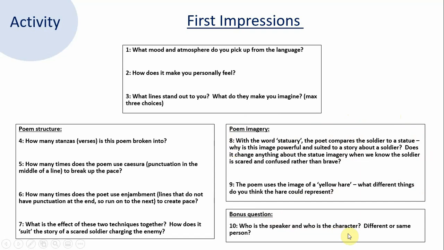Now, that's quite important because speaker and character are not always the same, and it's really key that you remember that. People very often make the mistake of thinking the poet is writing about themselves, and they often are not. Before you answer these questions, I'm going to take you through a reading of the poem. I'd like you to think about these questions while we read through.